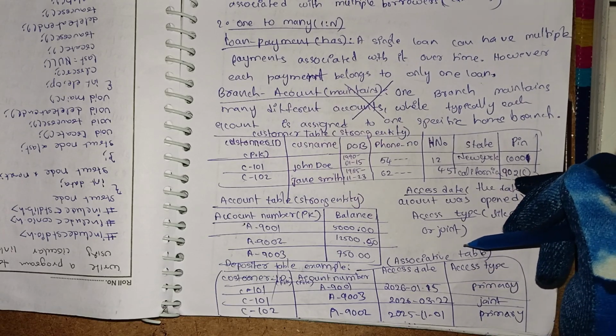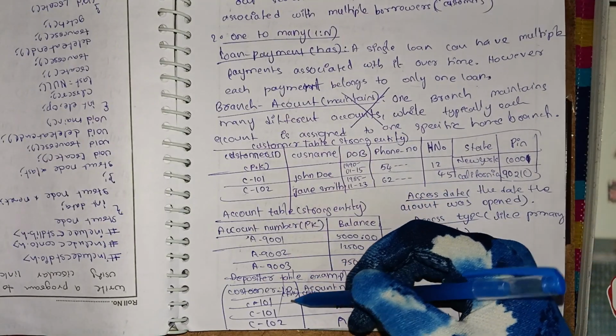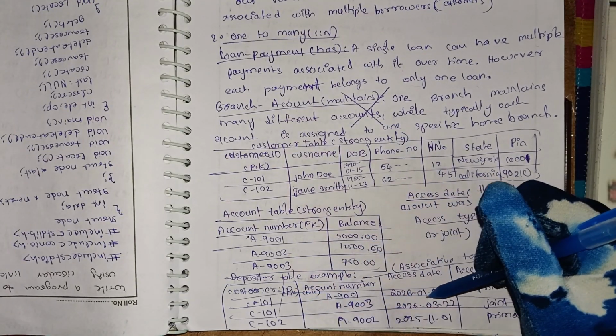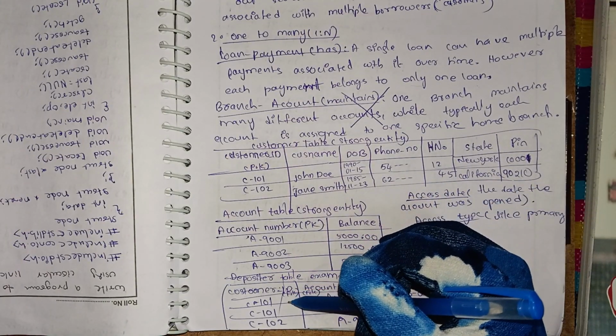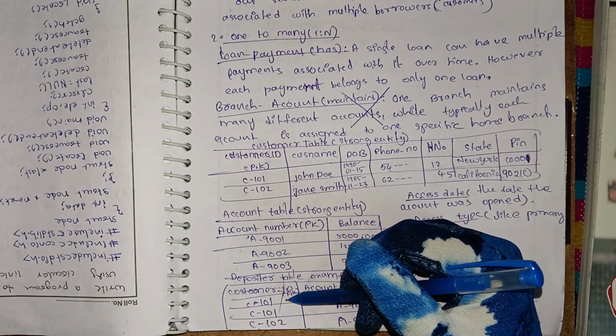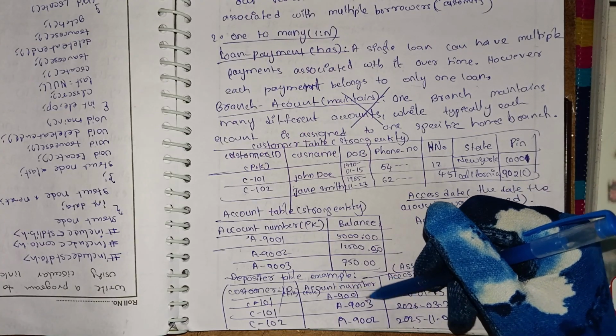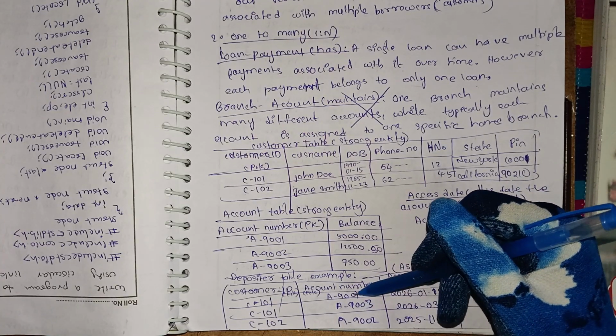Means here one to many relation: each row is related to multiple accounts.